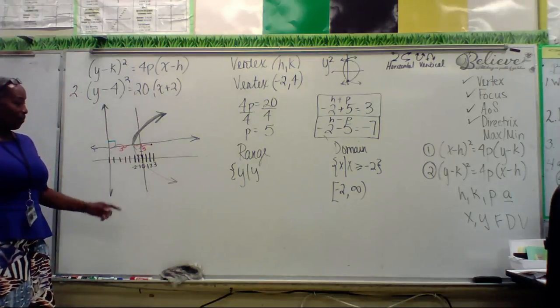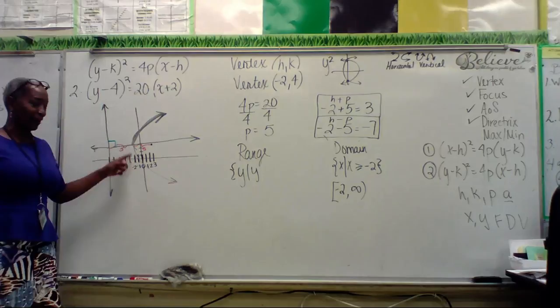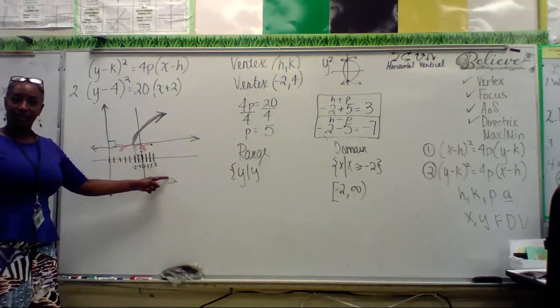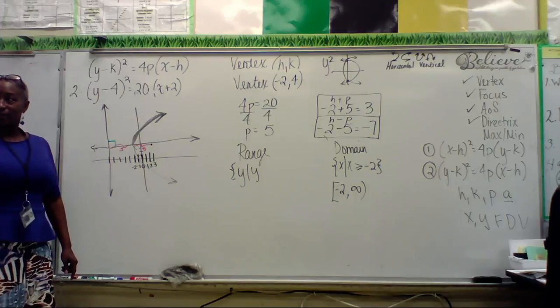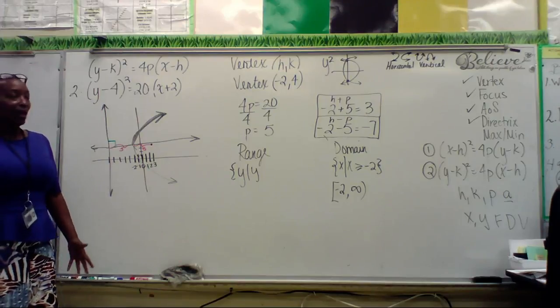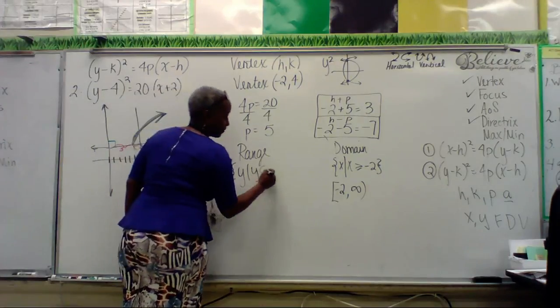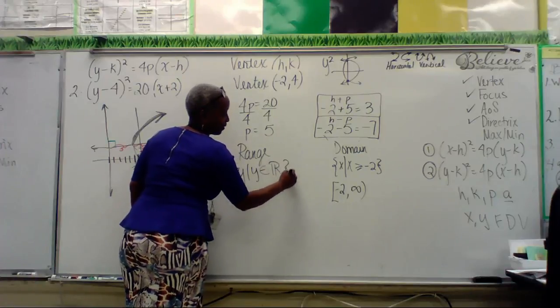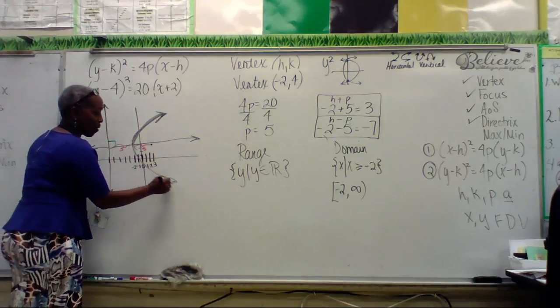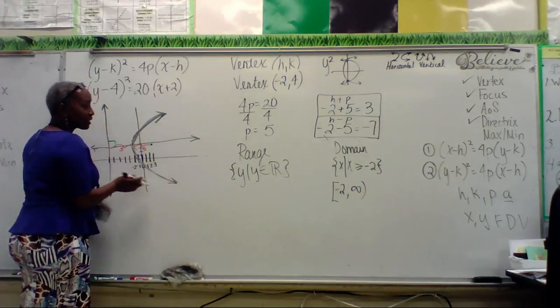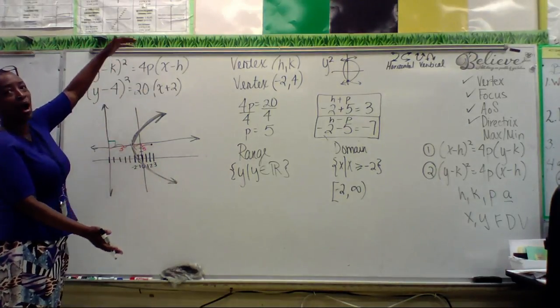But this graph goes down here. All real numbers. This graph is going to touch all Y values, because it's going to keep going. It's going to get wider and wider and wider.